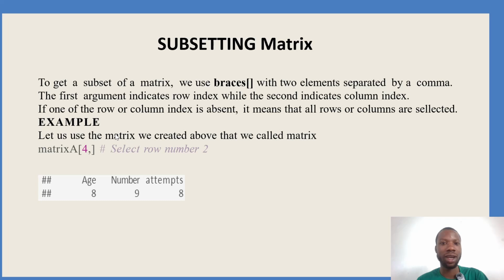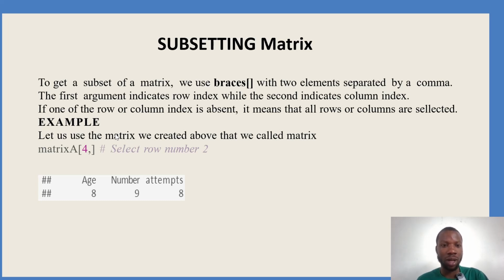For me, I say square brackets with two elements separated by a comma. The two elements are there because one represents the rows and one represents the columns. So if I say I need to see the values in position number one, something like that, we are going to see it as an example.